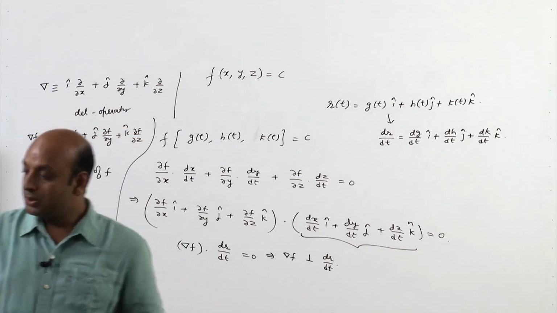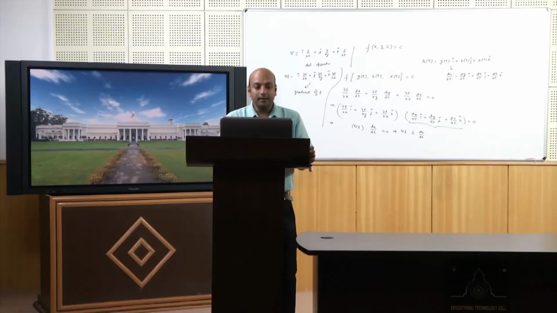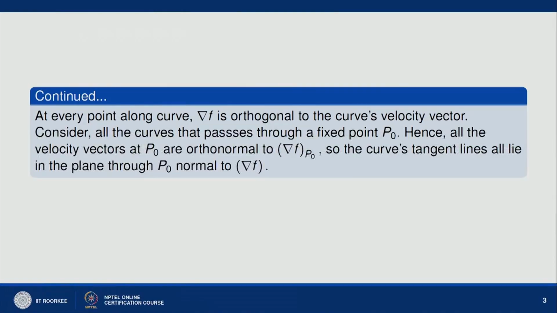So we can say that at every point along the curve, the gradient of f is orthogonal to the curve's velocity vector. If we consider all the curves that pass through a fixed point p naught, then all the velocity vectors at p naught are orthogonal to the gradient of f at p naught. So the curves' tangent lines all lie in the plane through p naught that is normal to the gradient of f.